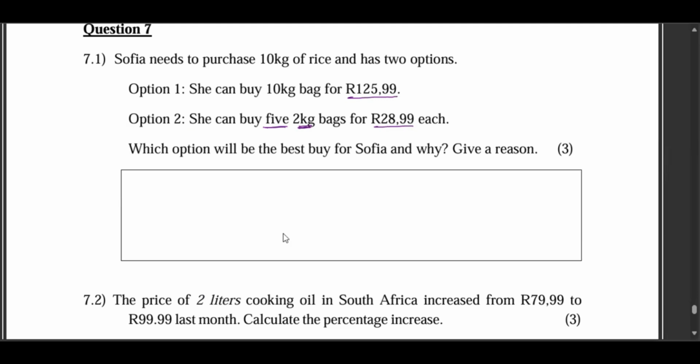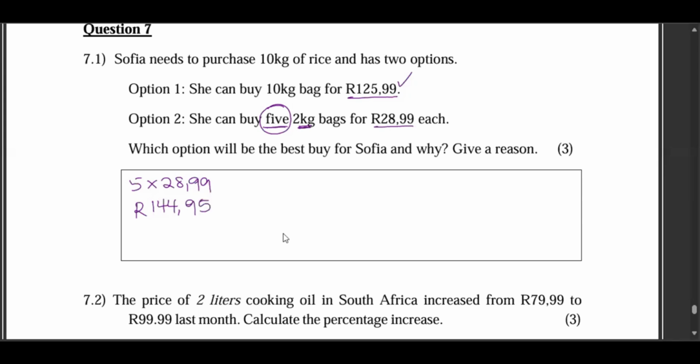Let's look here. Already this is 10. This is it. But what about if you buy 5 of them? So meaning it'll be 5 times 28. So here, you have to get the answer this much.